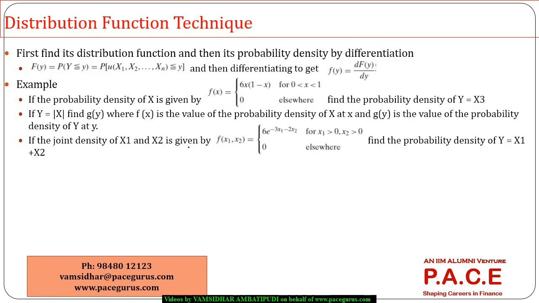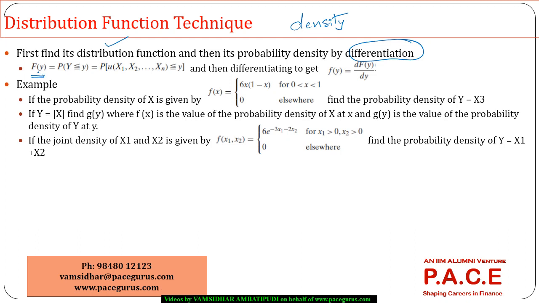In the distribution function technique, what we typically do is, whatever density function you are given, you find the distribution function for it. Once you find the distribution function, you compute back the density by differentiation. So if we are finding the density function for y, first find the distribution of y.